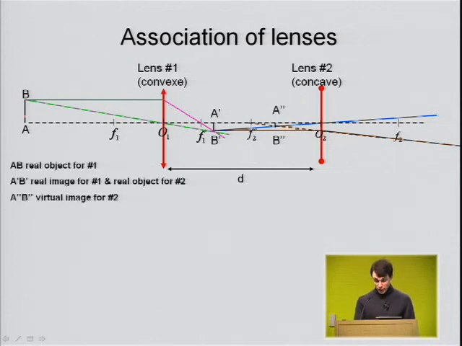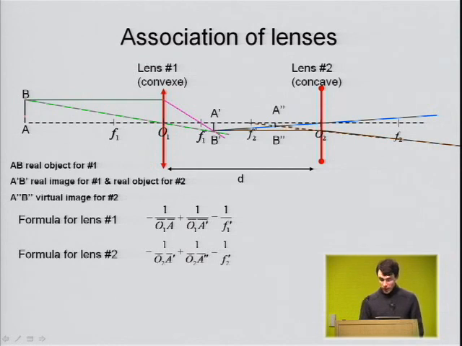So I started with a real object which produced a real image for my lens number 1, which was also a real object for my lens number 2. But my lens number 2 produced a virtual image, A prime prime, B prime prime, which is on the same side of my concave lens, and smaller than A prime, B prime.